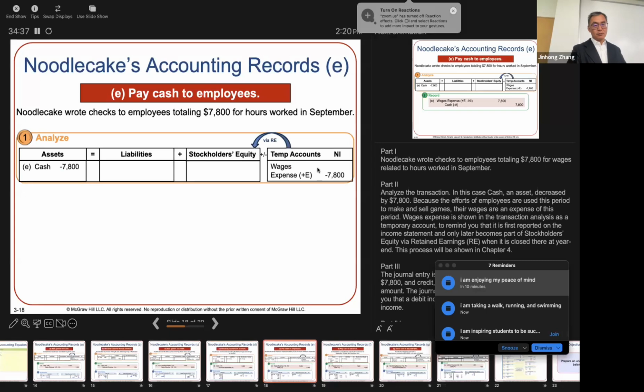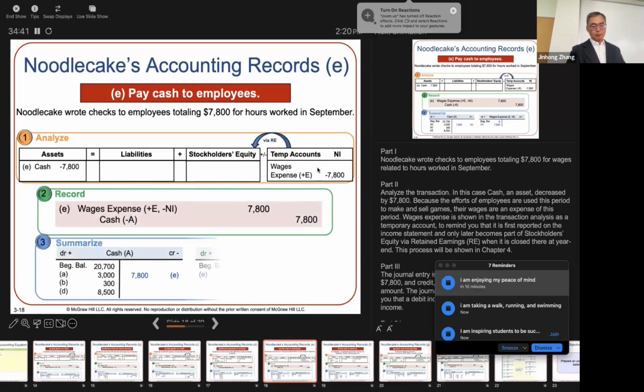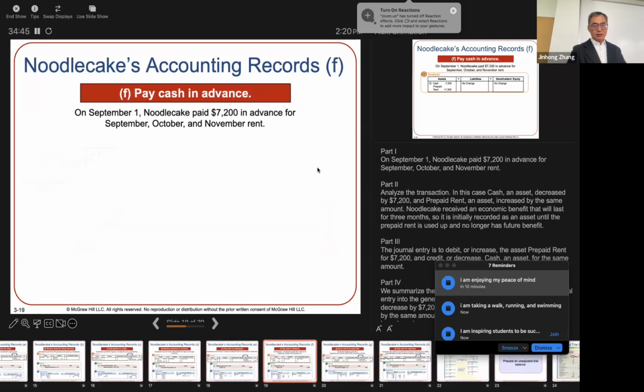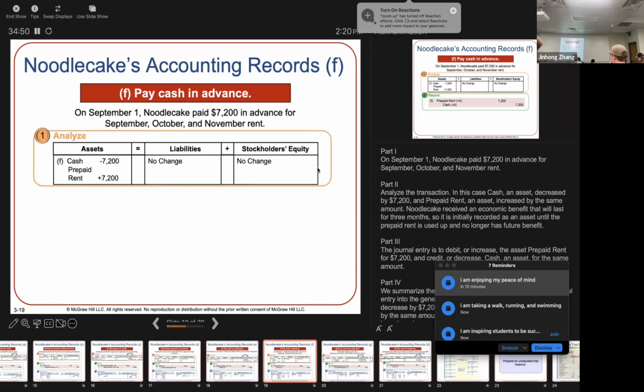And you pay cash to employees, so cash is reduced, and then you have wage expenses, right? And you pay cash in advance for 3 months' rent. So cash is reduced. And because it's 3 months in advance, you don't book it into expense yet.